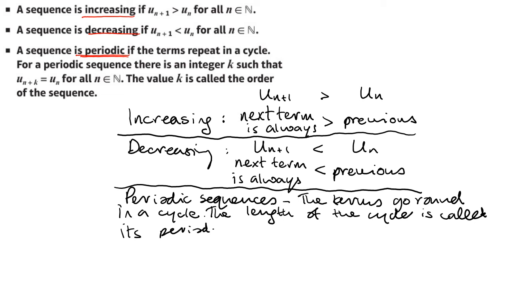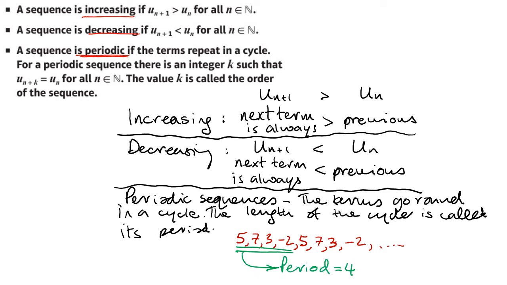So here's an example: 5, 7, 3, -2, 5, 7, 3, -2, and so on. This has a period of 4 because there are 4 numbers in that cycle before it repeats.